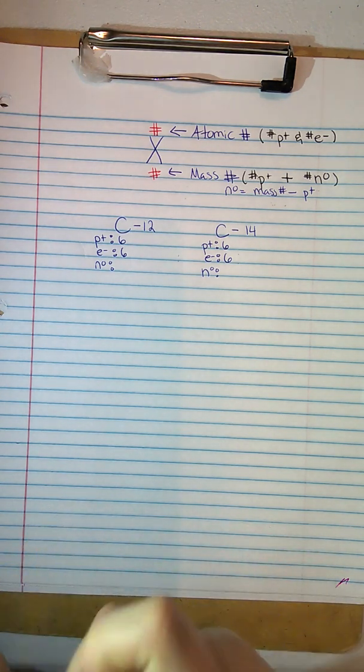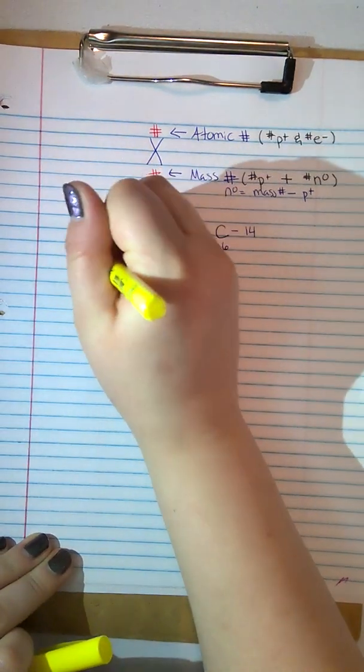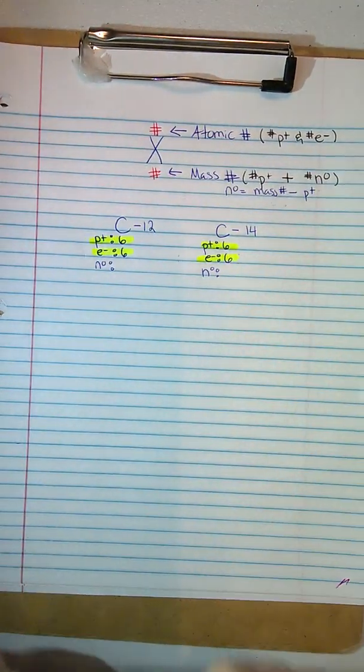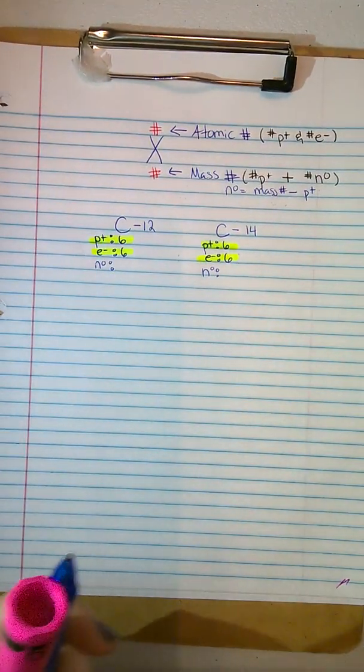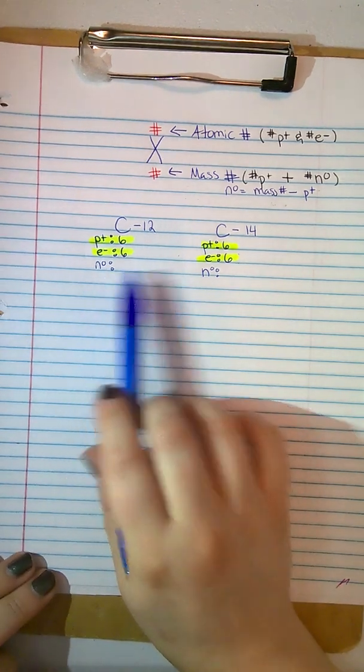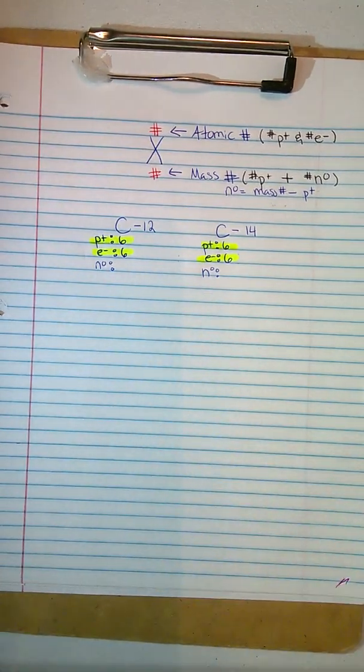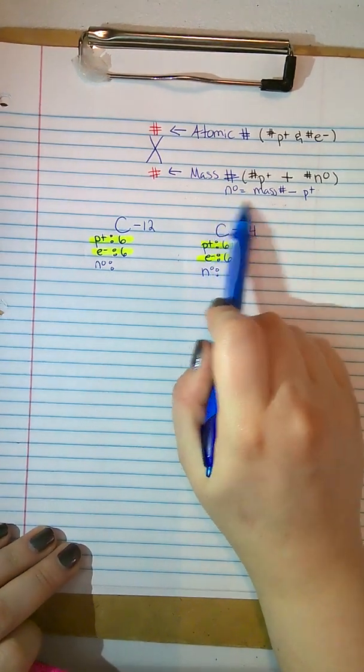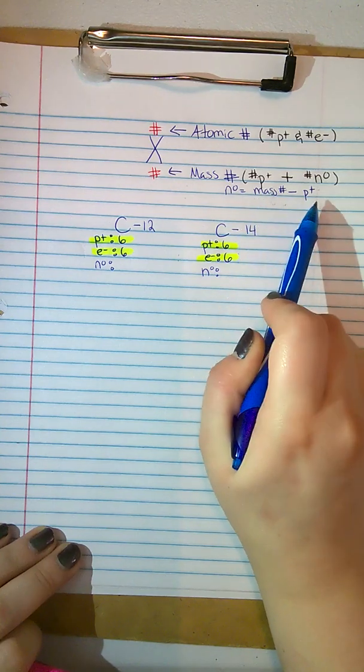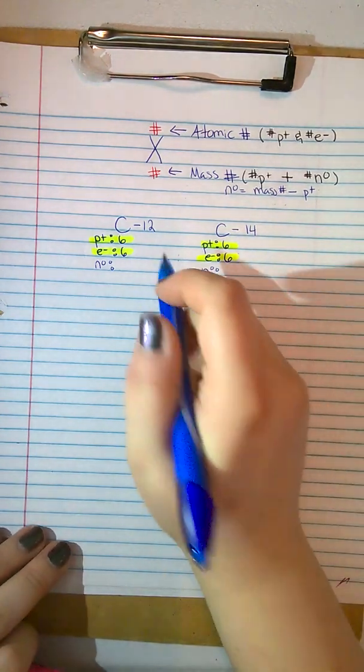So as we mentioned here, those are going to be the same. So the only thing we need to figure out now is how the number of neutrons differ. The way that we determine that is using what we talked about up here, subtracting the number of protons from the mass.